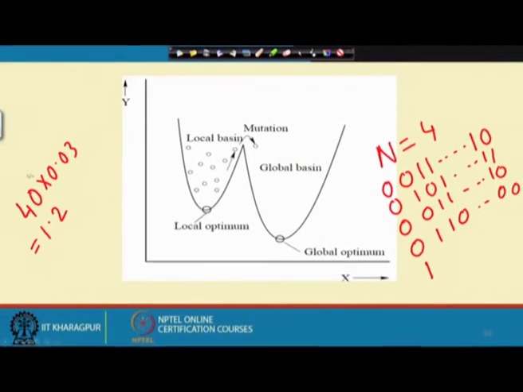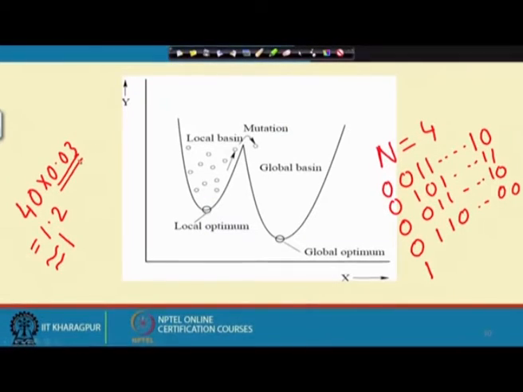That means, out of these 40 bits, there will be mutation probabilistically on only 1 bit. This is equivalent to 1, but as it is probabilistic, there could be mutation on 2 bits also, and at the same time there could be a chance that there will be no mutation if I consider the mutation probability as 0.03.